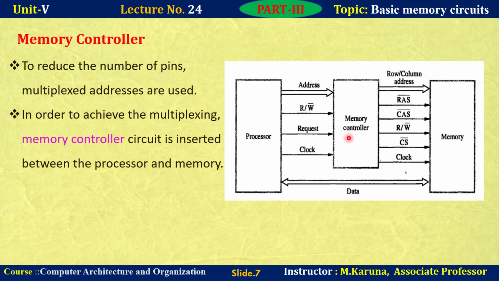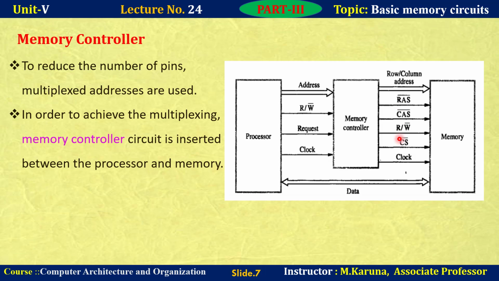Then the memory controller forwards the row and column portions of the address to the memory and generates row address strobe and column address strobe signals. Thus, the controller provides the row address strobe and column address strobe timing in addition to its address multiplexing function, and also sends the read-write signal and chip selection signals to the memory.